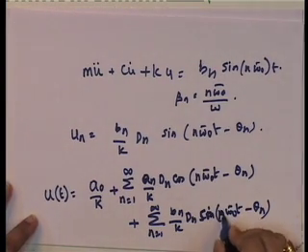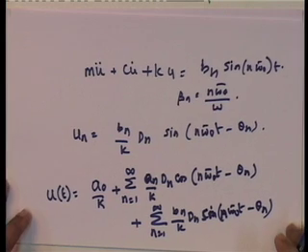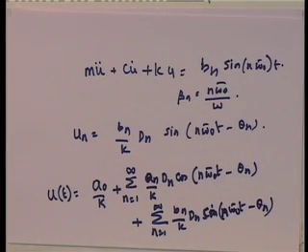Okay? So, that is what we get. That is the solution. So, now understand that if I am given a P of t, I can find out u of t.